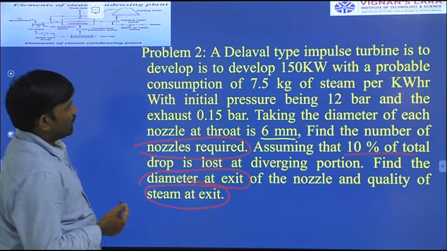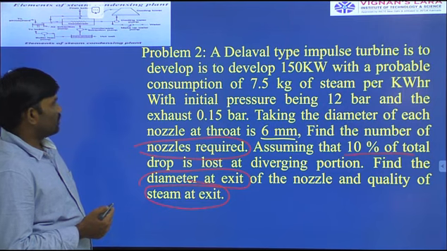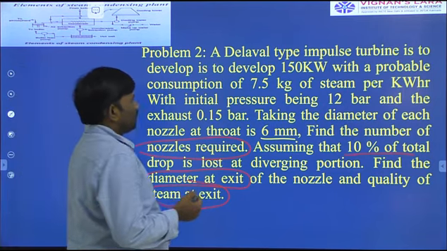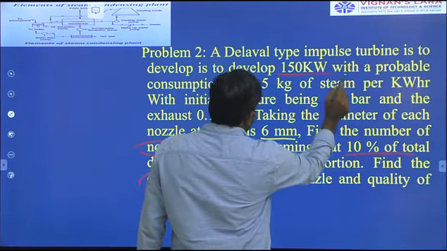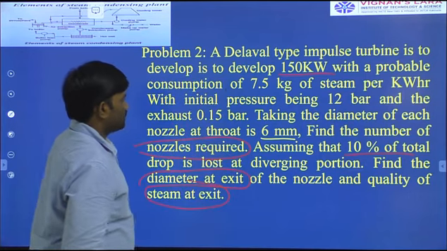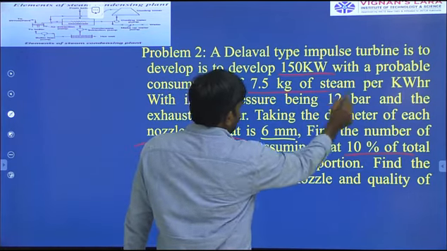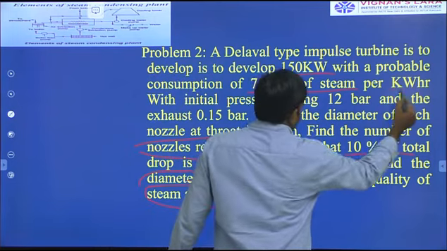A De Laval type of impulse turbine is to develop 150 kilowatt with a probable consumption of 7.5 kilogram of steam per kilowatt hour.